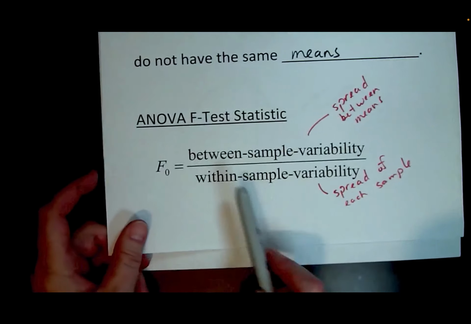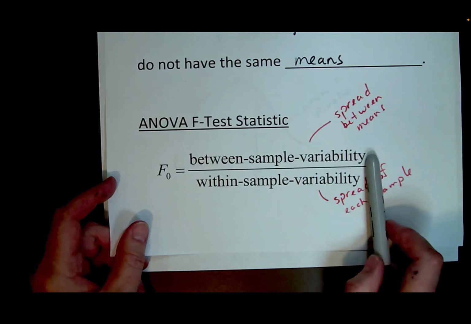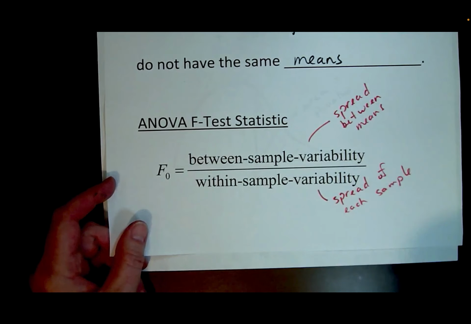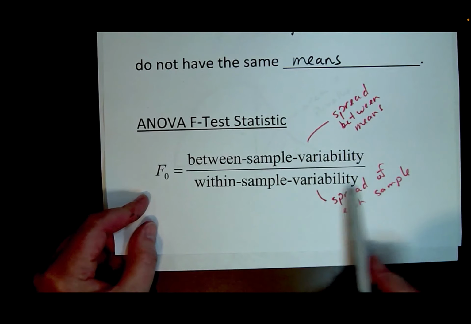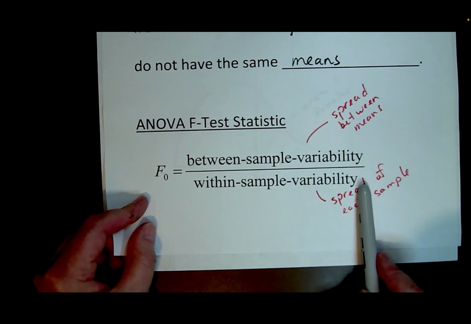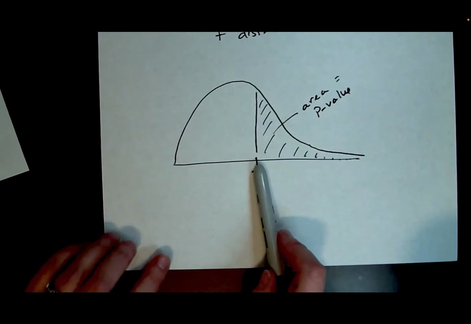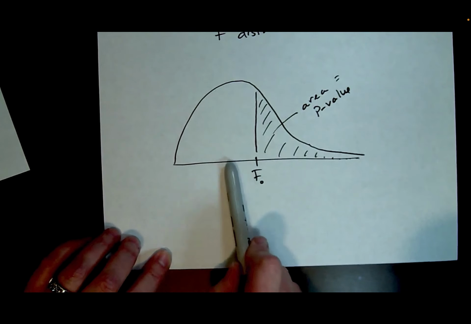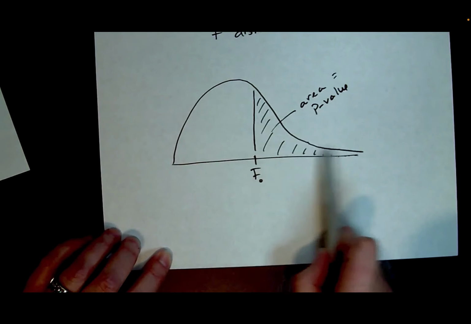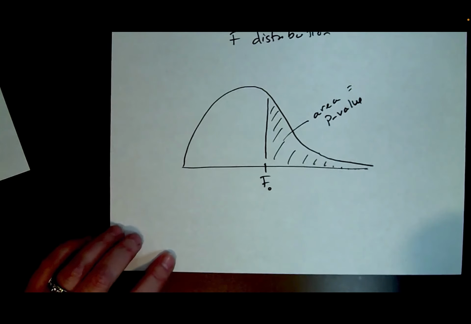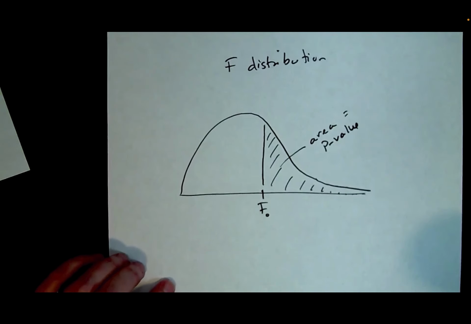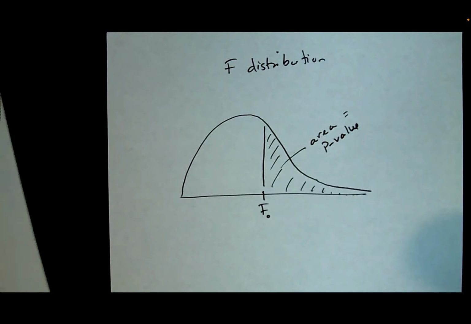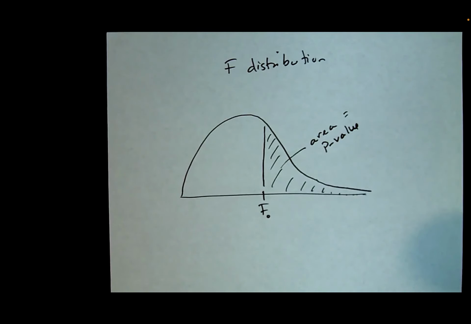Again, that's more likely to happen when this number on top is bigger, when the spread between the means is bigger. Conversely, if the number down below is bigger, you have a smaller fraction, so smaller F statistic would move you to the left, so you'd be over here, you'd have more area, bigger p-value, and you'd be then probably not rejecting the null hypothesis.